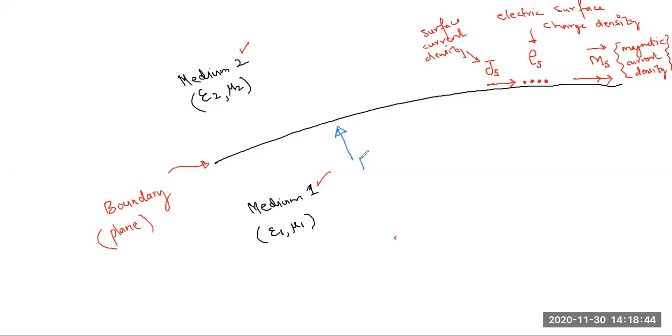If you remember, the symbol that we use for electric flux density is D. And if you look at the direction of this arrow, it is taken as normal to the boundary, so this arrow is representing the normal component. I will represent it as D with a subscript n to denote the normal component of the electric flux density in medium 1, so we will represent it by Dn1.